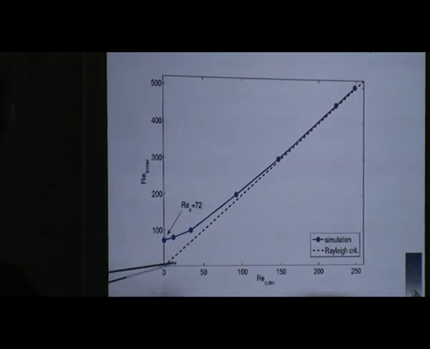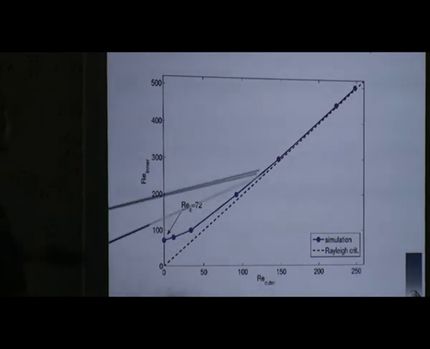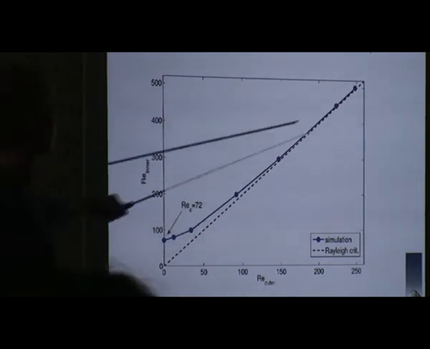Then I increased the rotation rate of the outer cylinder, and the critical Reynolds number also increases. Everybody knows that the instability, the onset of the Taylor vortices, cannot appear if one is beyond the Rayleigh criterion, and I think that's very well fulfilled.